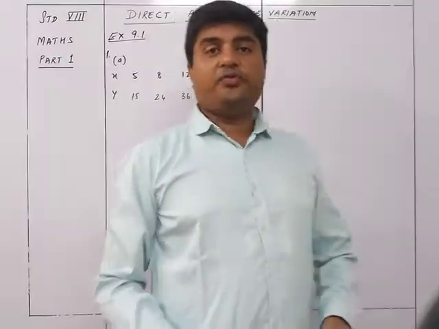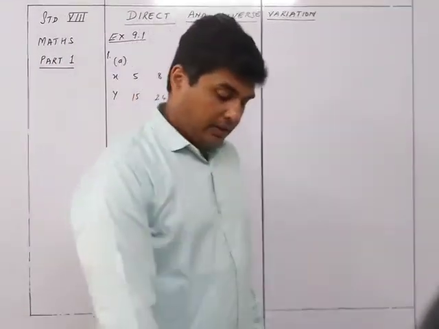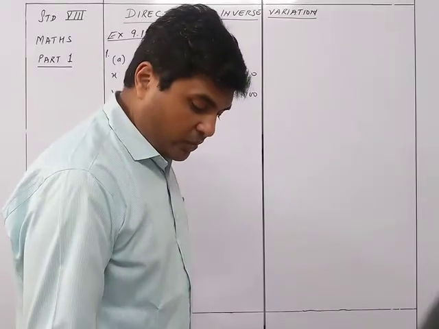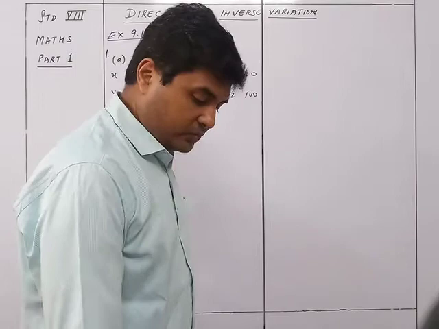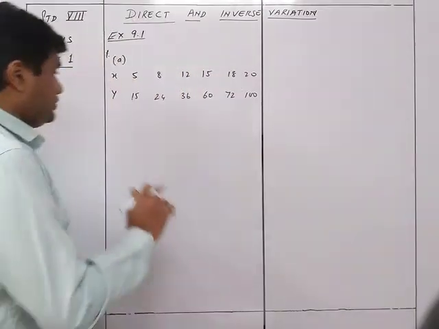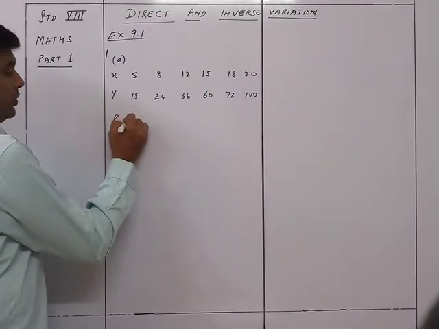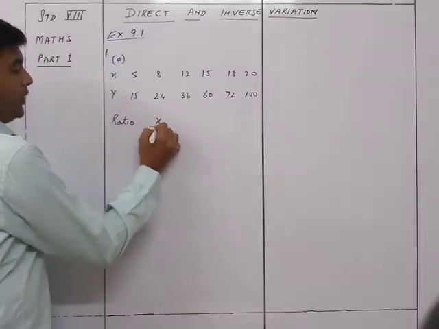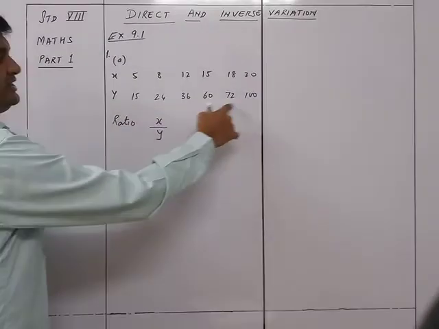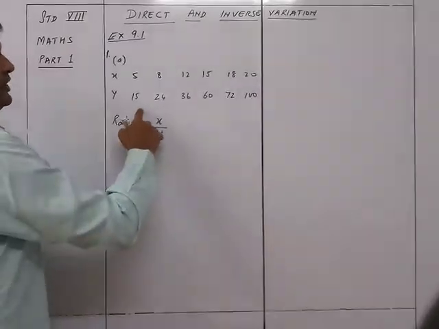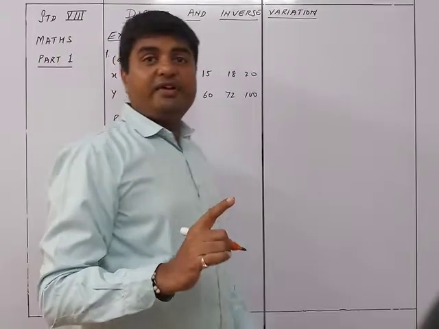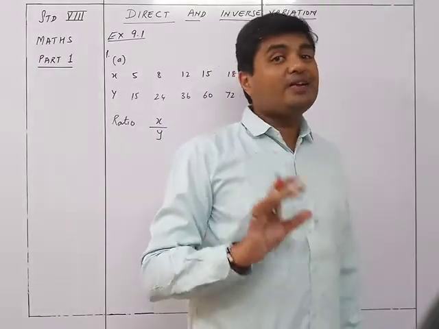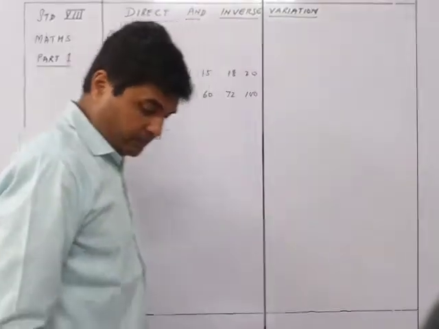In case of direct variation, we need to know whether it is directly related or not. So we are just going to find out the ratio x upon y for each and every one. If the ratios of all of them are the same, then it is directly related. If it is not the same, then it is not directly proportional.